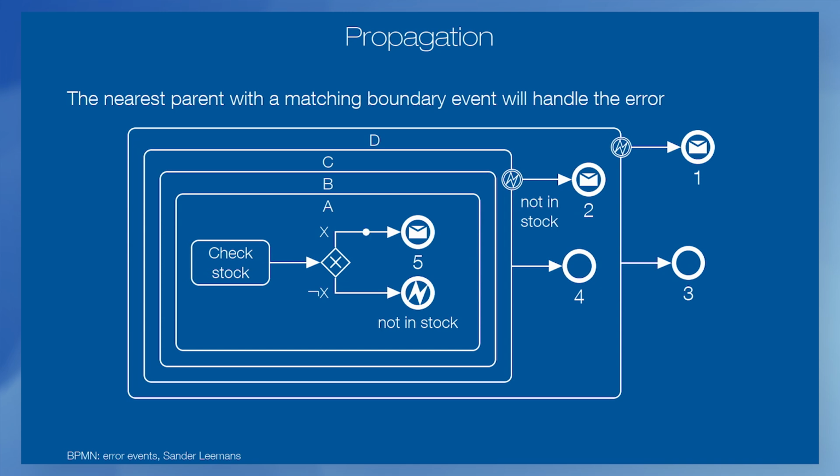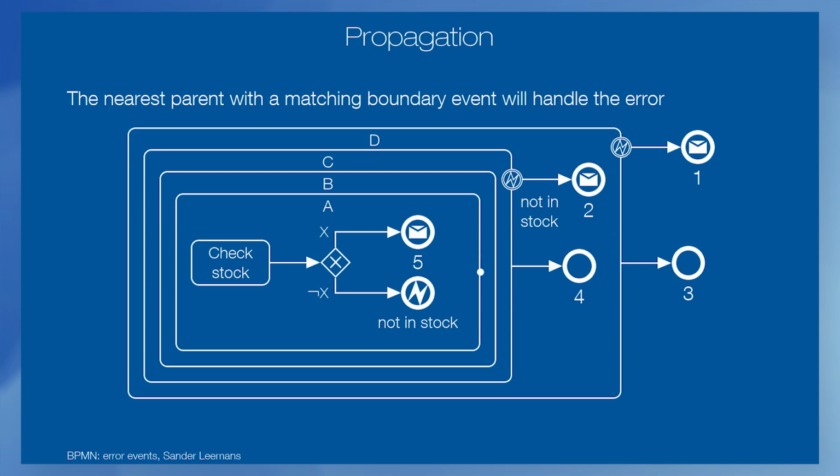Here we have a message end event that finishes subprocess A. So we send this message and then A finishes. As A has no outgoing sequence flows and in B we were done with executing, there's nothing else to execute, no more active things to do.